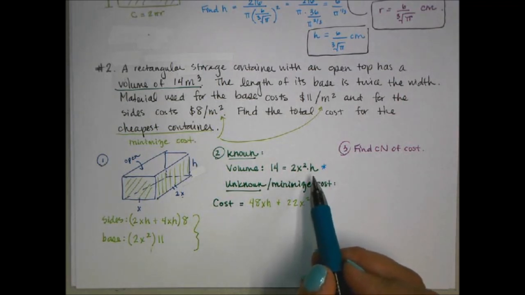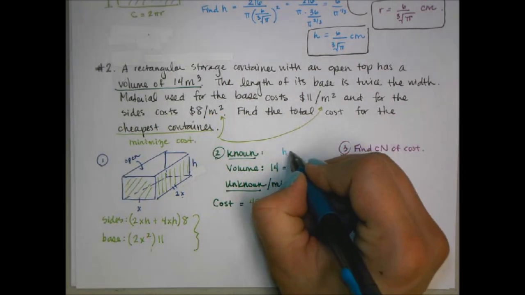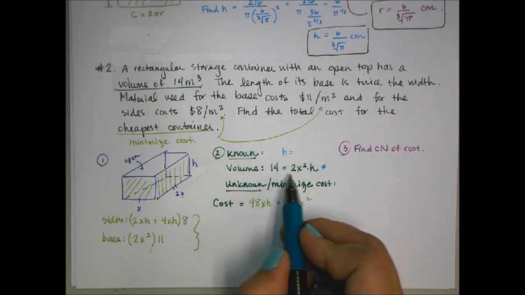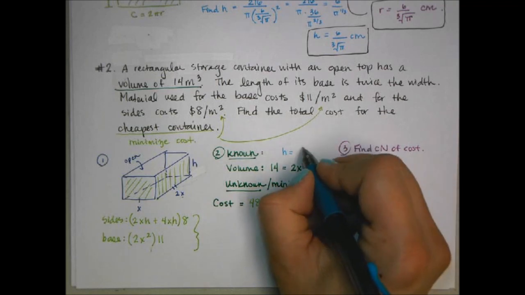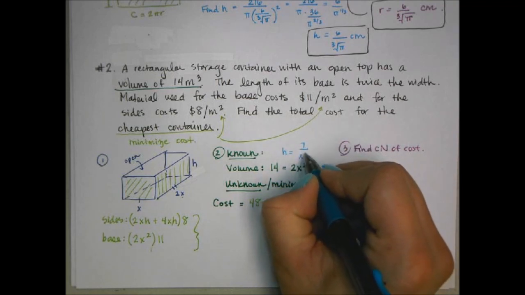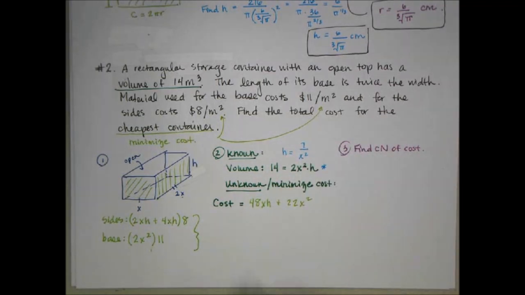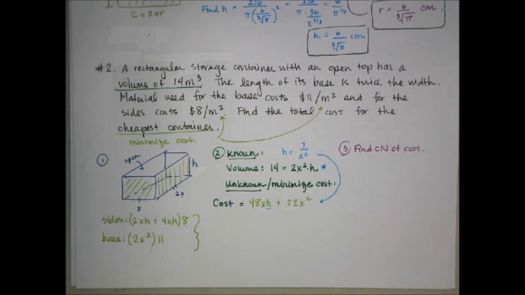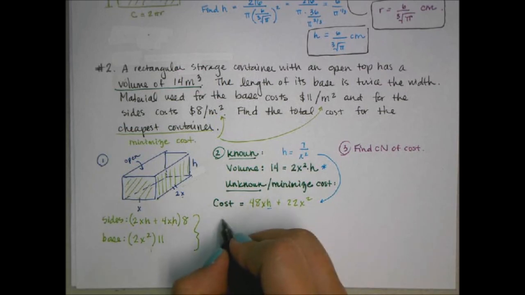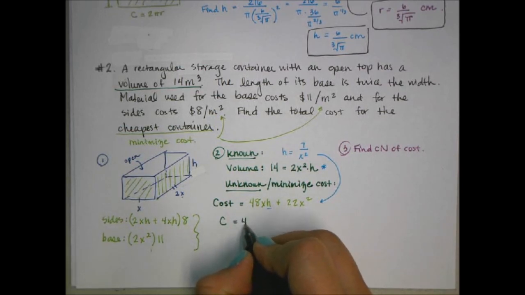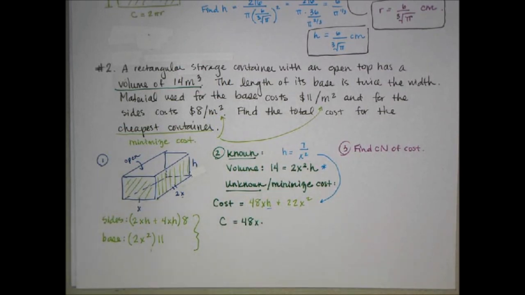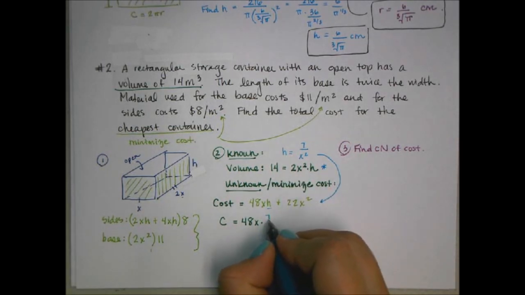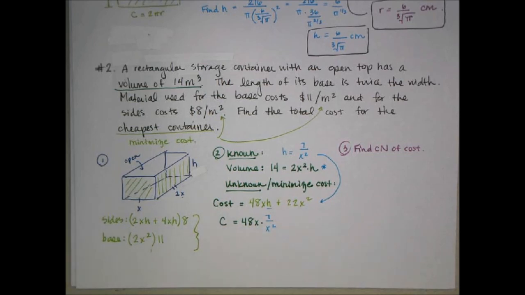So if I solve for h here, I get 14 over 2x squared, or 7 over x squared. And we'll just substitute that right in here for h. Now my cost is 48x times h, 7 over x squared, plus 22x squared.